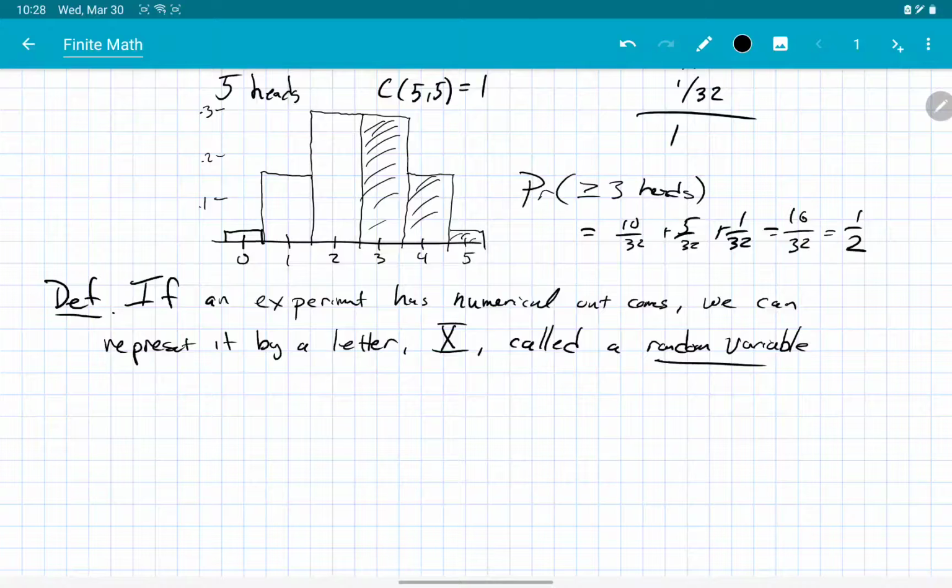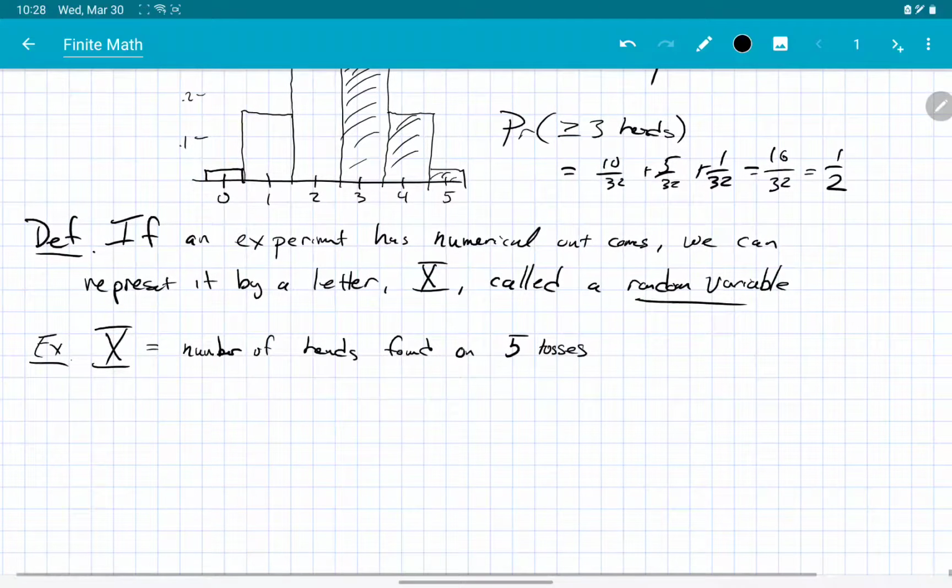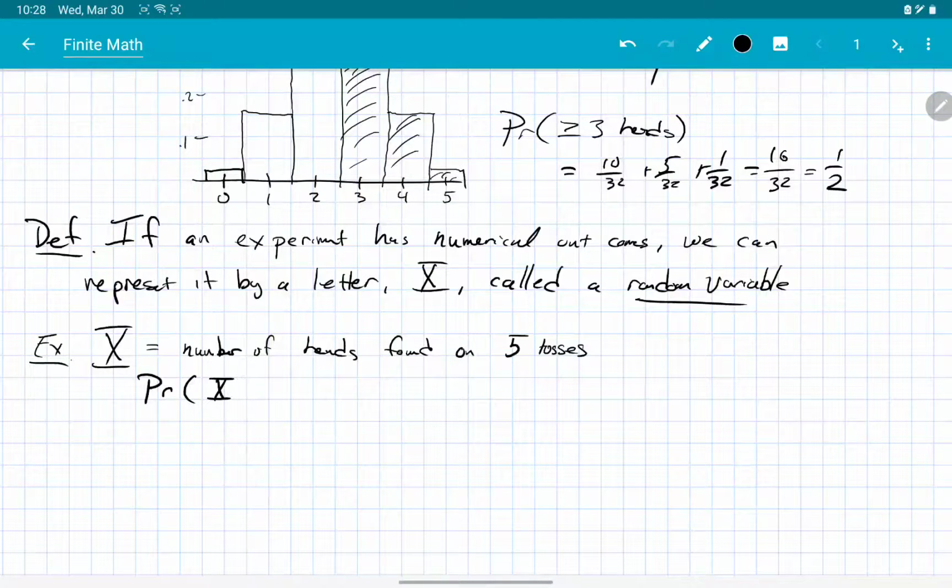Okay, so let's recast the last example in this language of random variables. We'll let X be equal to the number of heads found on 5 tosses. And now we can make sense of statements like the probability that the random variable X is equal to 0.